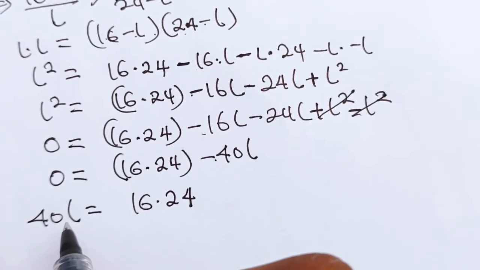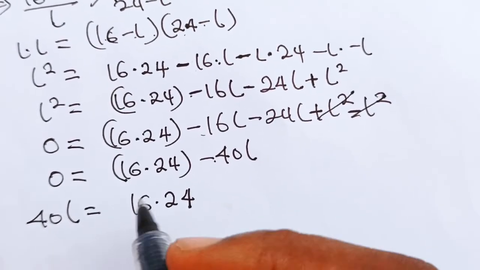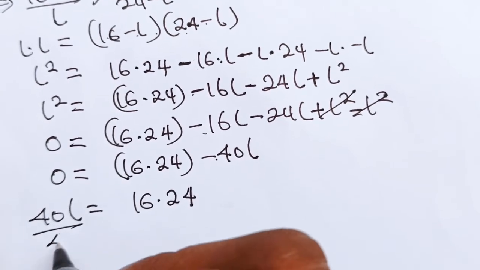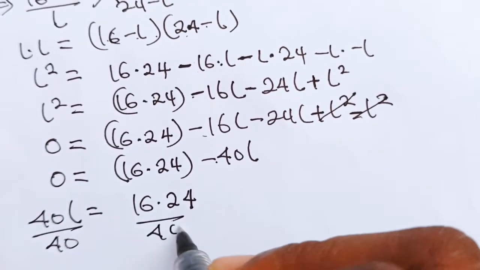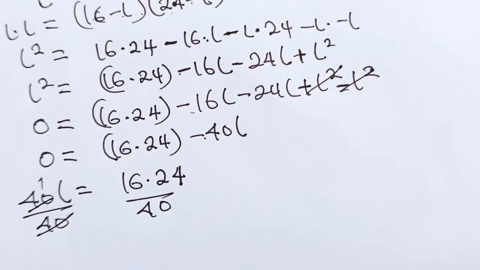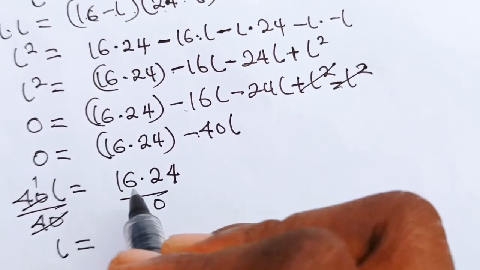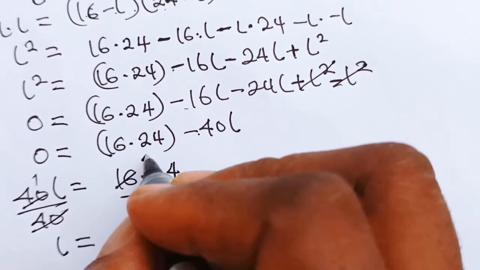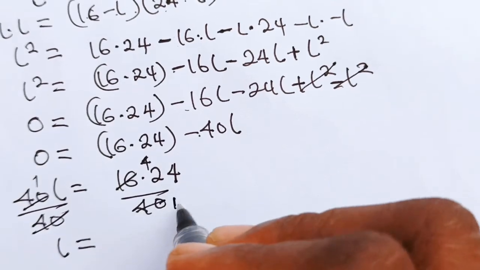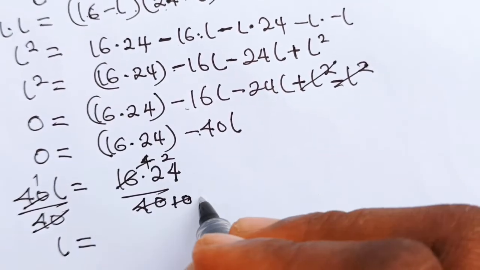Now, to get the value of L, let's divide both sides of this equation by 40. So 40 divided by 40 gives us 1, times L gives L. So we have L is equal to 16 divided by 4 gives 4, 40 divided by 4 gives 10, 4 divided by 2 gives 2, 10 divided by 2 gives 5.